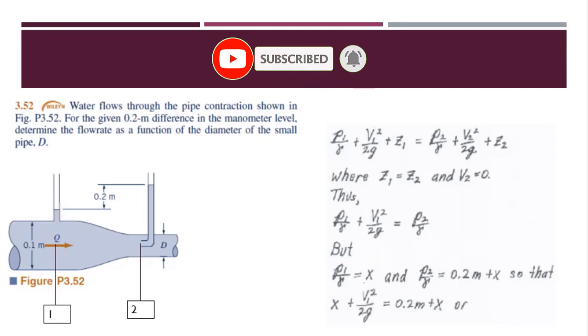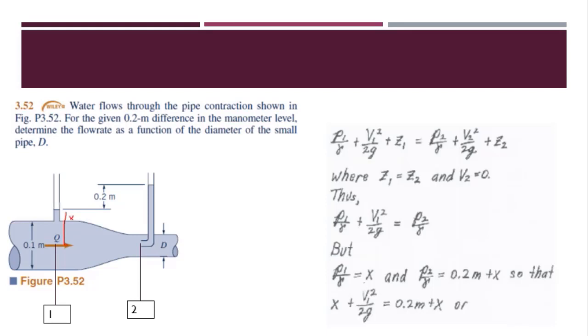Let me just draw this X over here. This length is actually from this center line to this point, this length is actually X, and this P1 over gamma is equal to X, and then we define P2 over gamma to be X plus 0.2 meters.